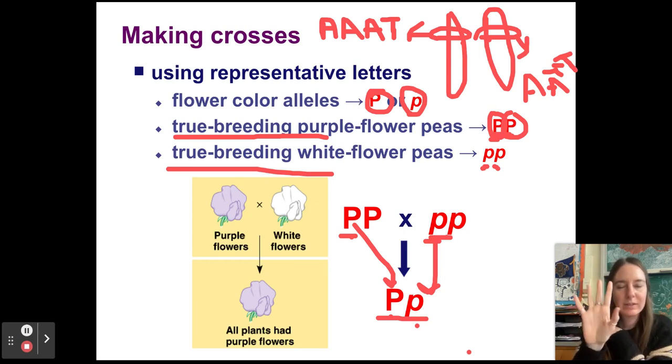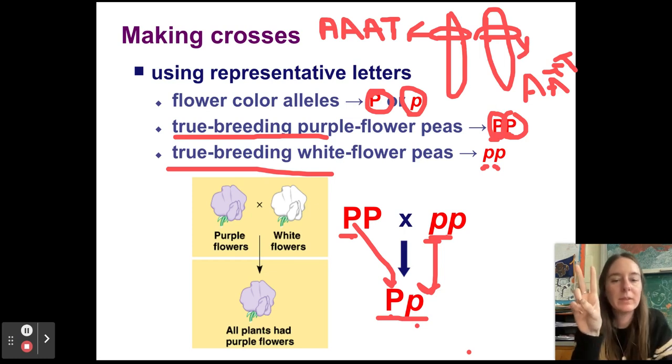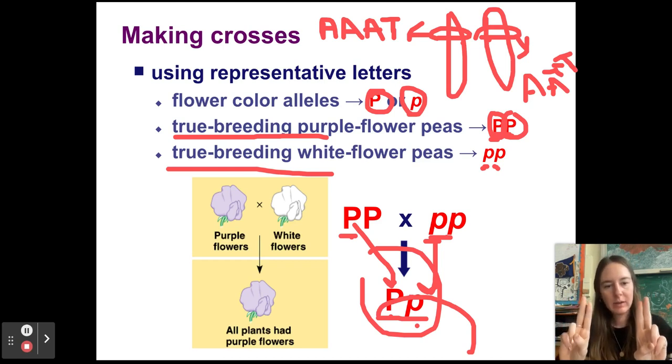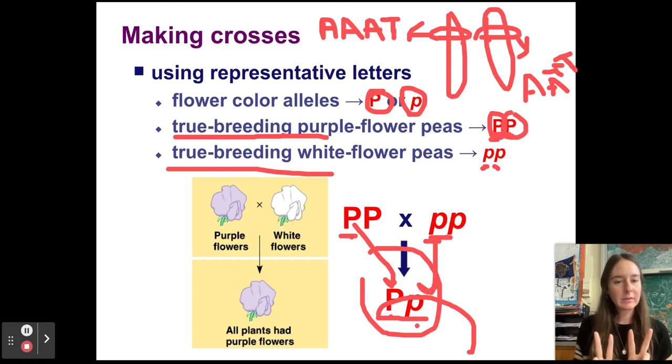Now think about, we'll talk about this more later, but what happens when this flower goes through meiosis? Capital P, lowercase p, makes a copy, separates. Meiosis 1, meiosis 2. Now you have capital, capital, lowercase, lowercase. So their gametes are now mixed.